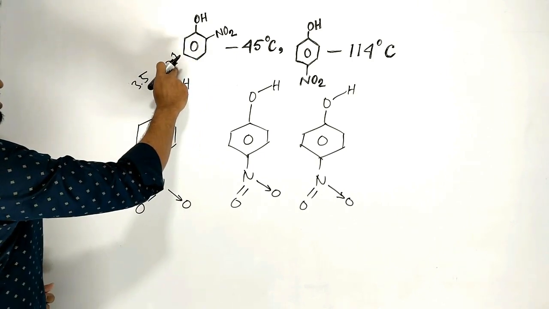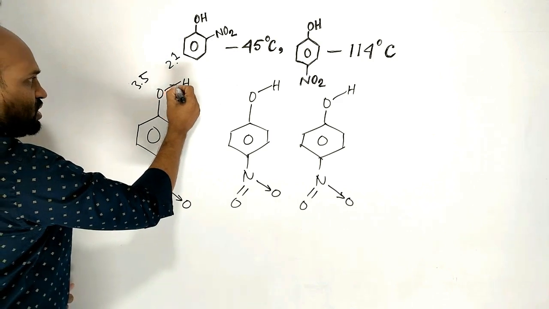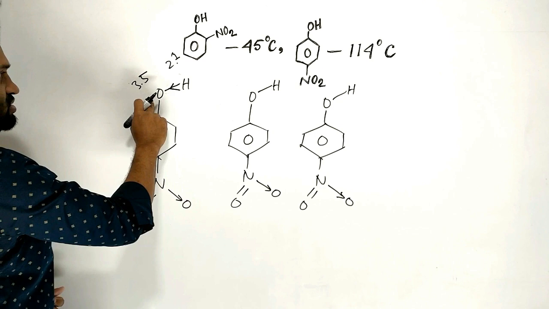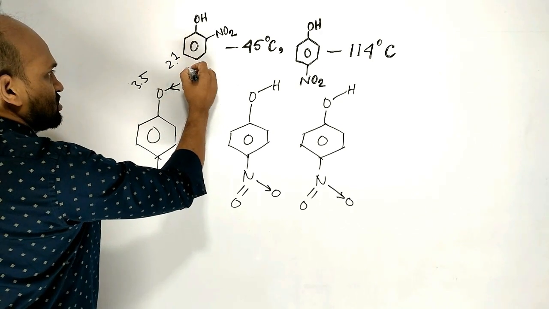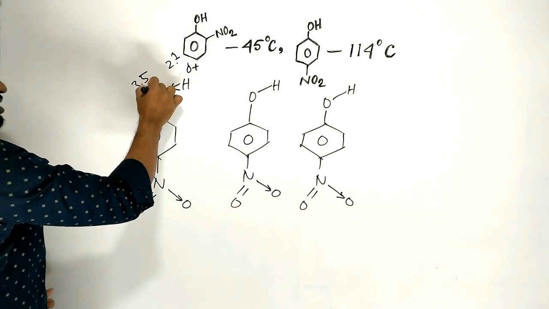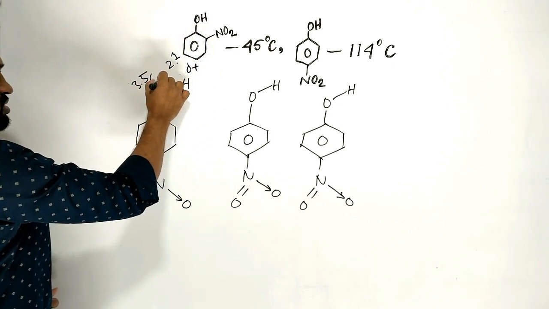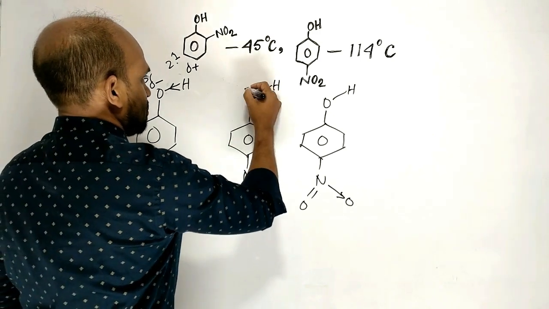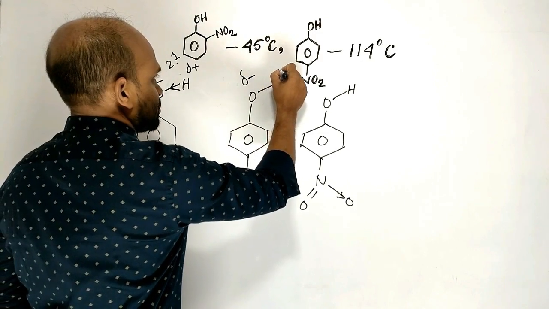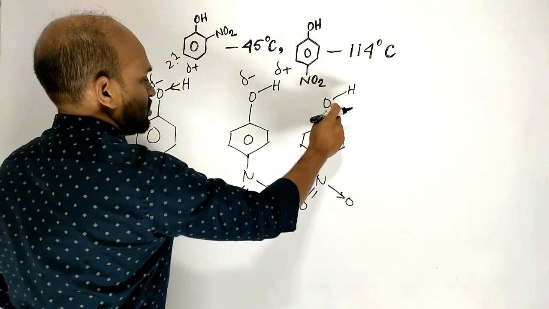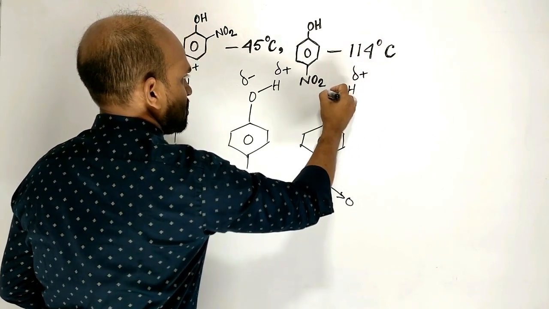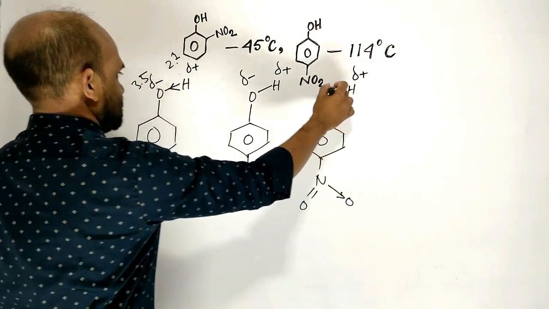Because of the electronegativity difference, covalently bonded electrons move towards oxygen, and as a result, hydrogen gets partially positively charged and oxygen gets partially negatively charged. Similarly, here oxygen becomes partially negative and hydrogen becomes partially positive. For the same reason, hydrogen becomes partially positive and oxygen becomes partially negative.